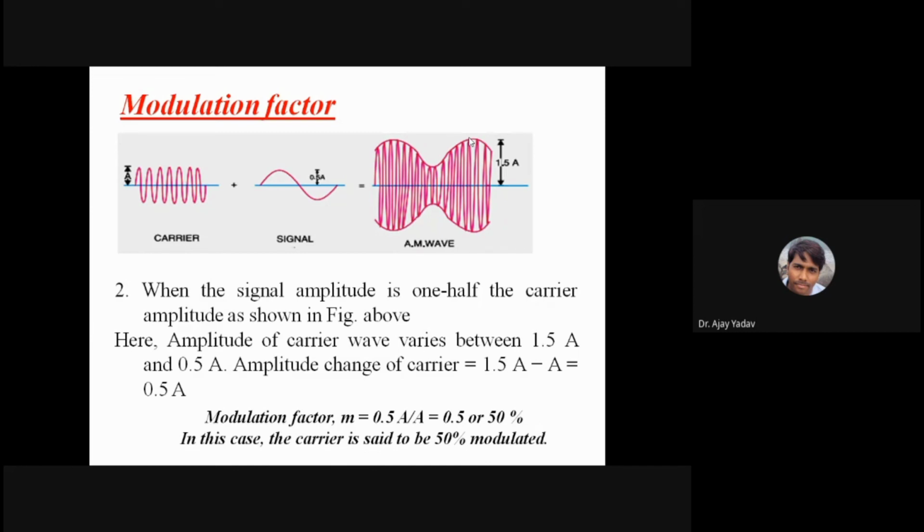Since all this AM is happening through air from the broadcasting station to the nearby tower, all man-made noises, all natural noises are in the form of amplitude variation.